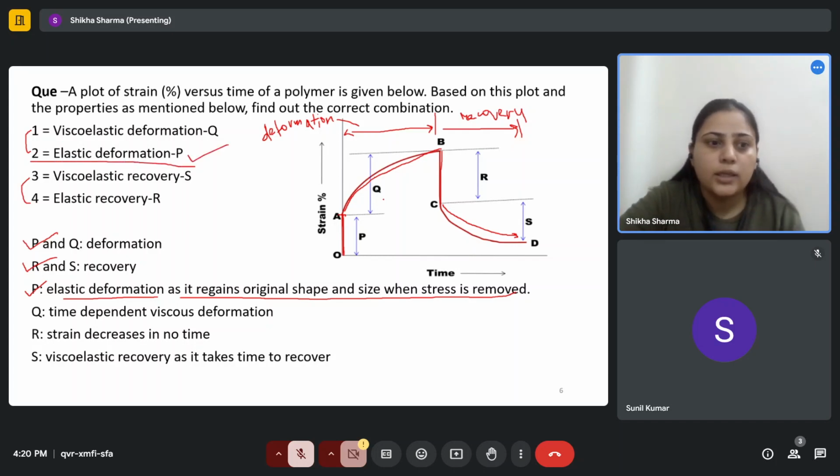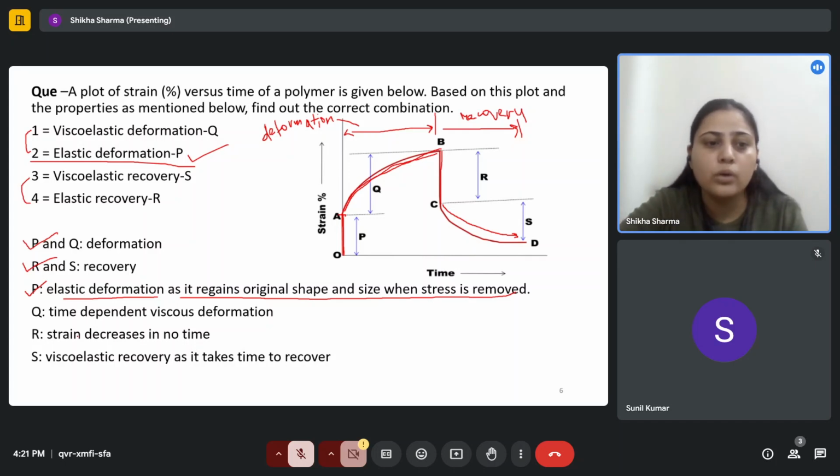Now understand Q. It is getting deformation, and the strain is also increasing in the material, but it is not linear. With some rate it is increasing.